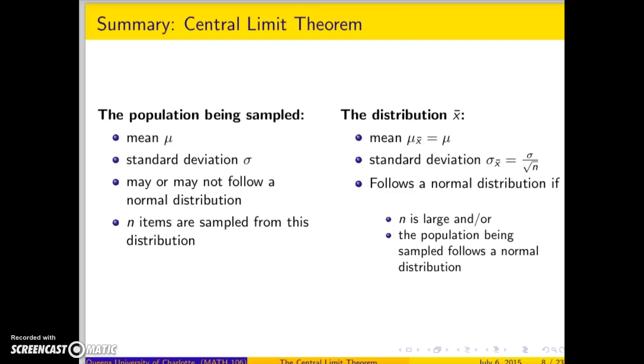It has a standard deviation of sigma sub x bar, which is equal to sigma over square root of n, and it follows a normal distribution as long as either the sample size is large or the population being sampled follows a normal distribution.